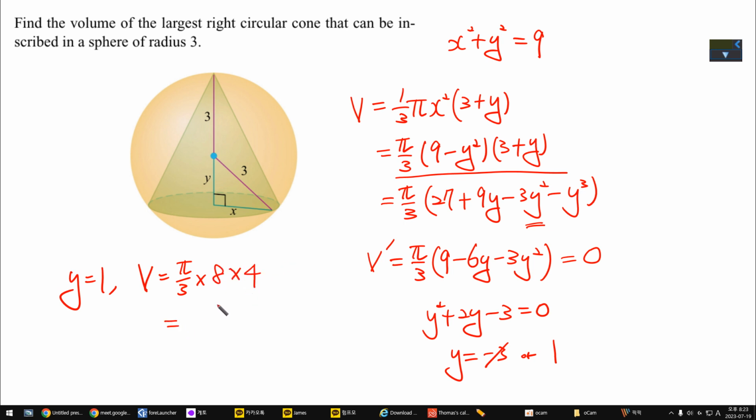So the maximum volume is 32 pi over 3. So when y is 1, the radius of the cone is 2 times the square root of 2.